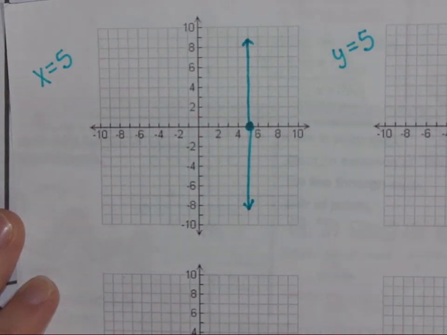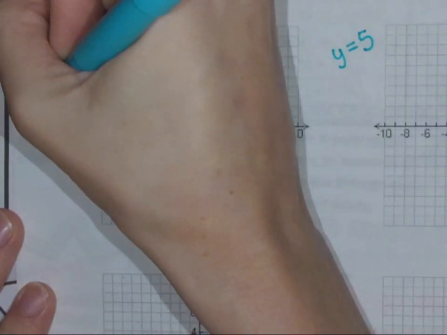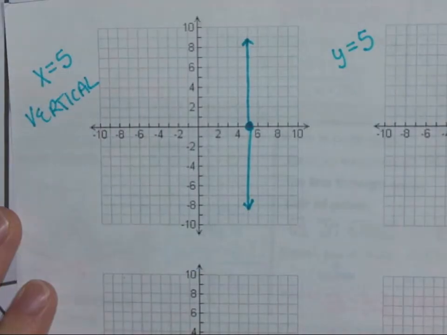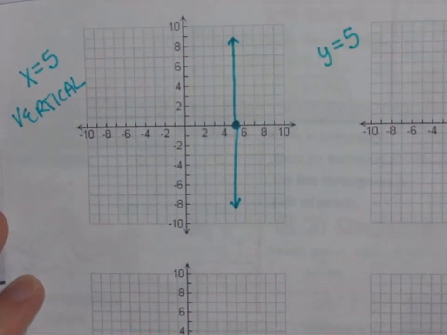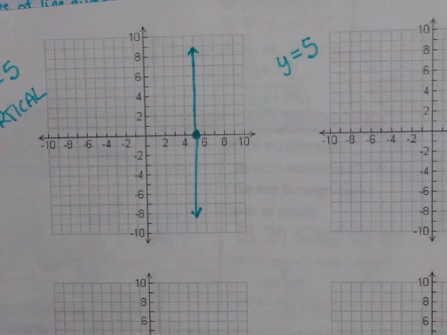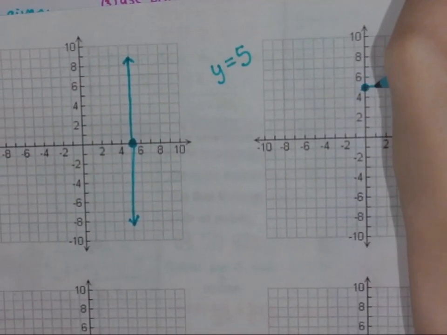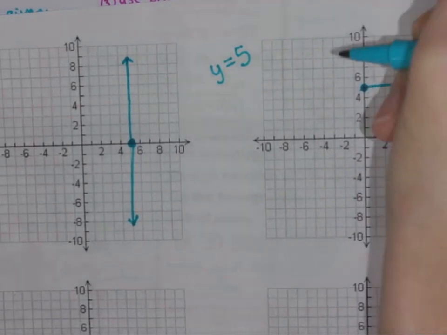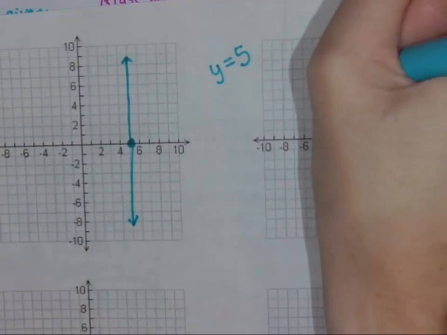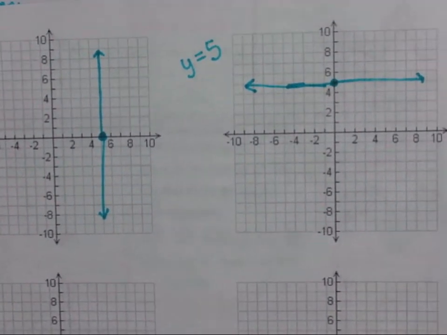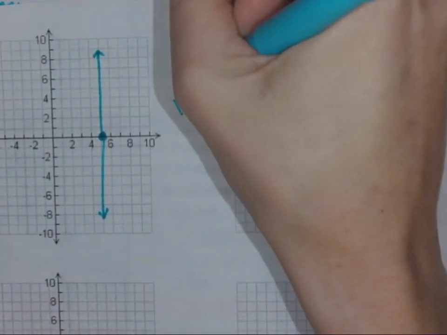So x equals a number is going to be vertical. If we have y equals 5, we're going to go to the y-axis and find 5. And so we're going to draw a line that only has 5 as its y value, which means it's going to be a horizontal line.